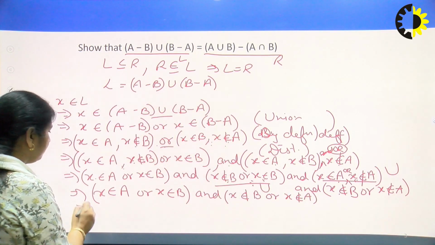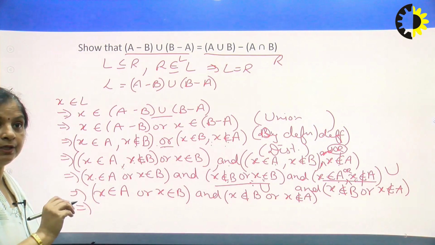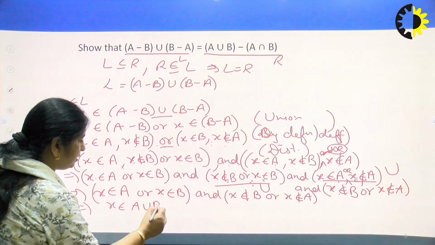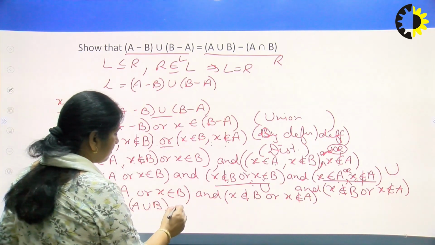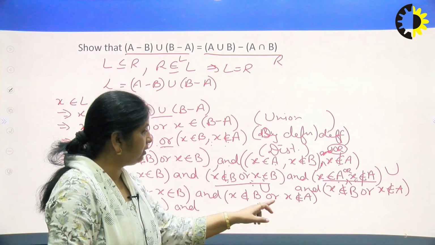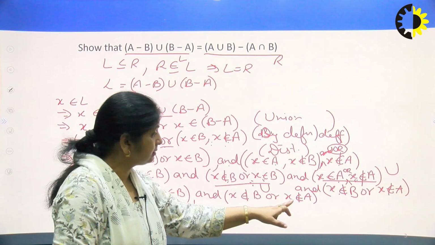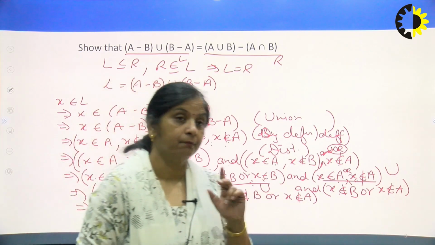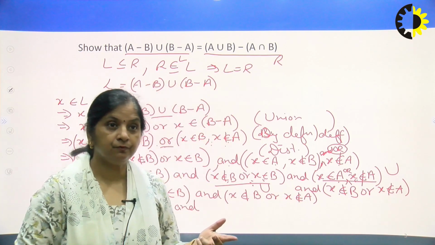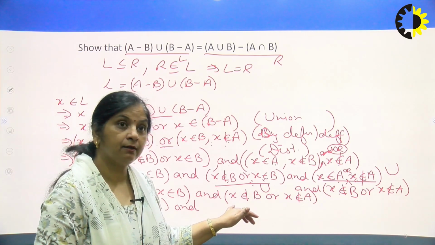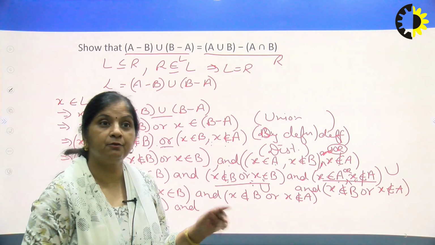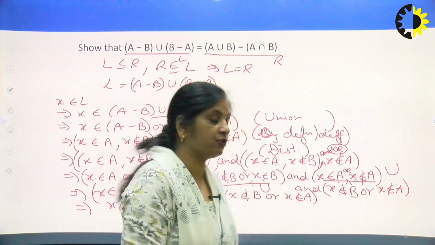Now when we are saying X belongs to A or B, it means union. So X belongs to A union B. And it is saying X doesn't belong to B or X doesn't belong to A. So again or says that either this or both. So what is X? X is either not present in B or it is not present in A. It means that it is not present in the intersection.